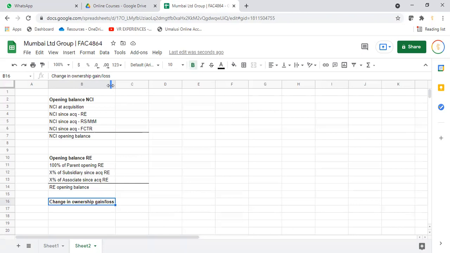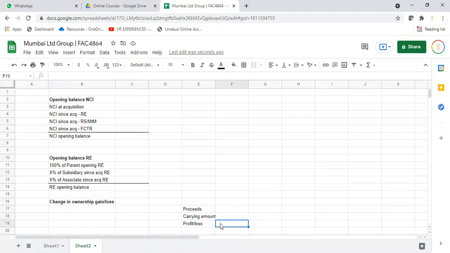We say for gain or loss on PPE, we do the following: proceeds less carrying amount equals gain or loss, equals profit or loss. The proceeds is what you sell it for, the carrying amount of the individual asset is cost minus accumulated depreciation, and then we get a profit or a loss.